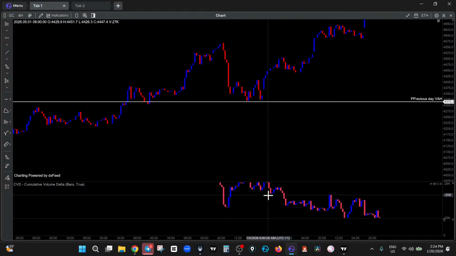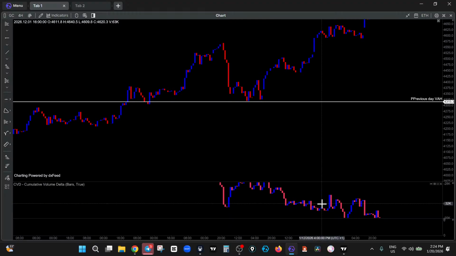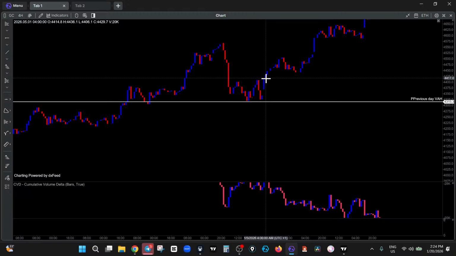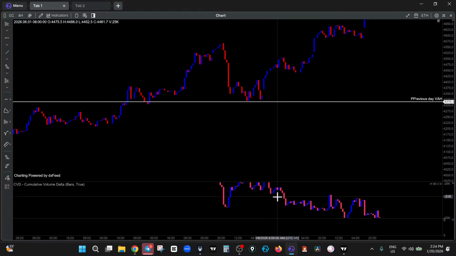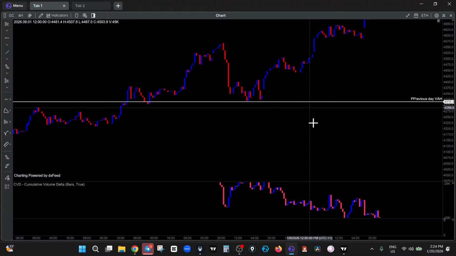There are big numbers in the limit orders that are absorbing this selling, and that's why the price pushed up. So from there, you can comfortably start looking for buy trades once you see absorption coming in around the support area.